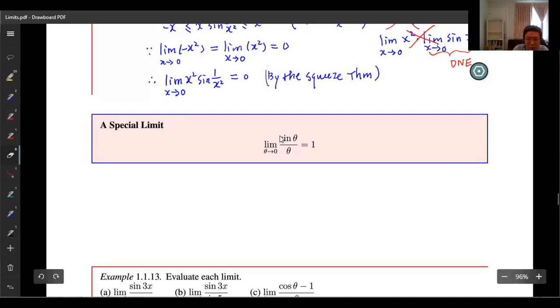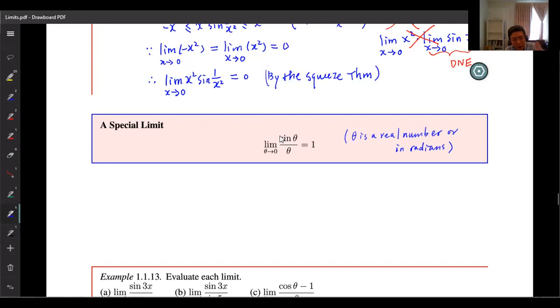So it's not degrees, it's always in radians or real numbers, right? Theta is a real number, not in degrees. Or you can say it's in radians, right? Okay.